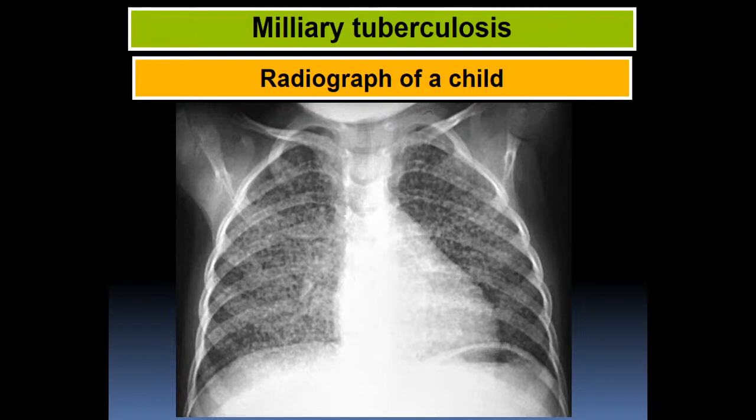So the main X-ray signs are typical for miliary TB. First, shadows small in size. Second, shadows the same in density, soft shadows. Third sign, localization is symmetrical, and fourth, localization is uniform.